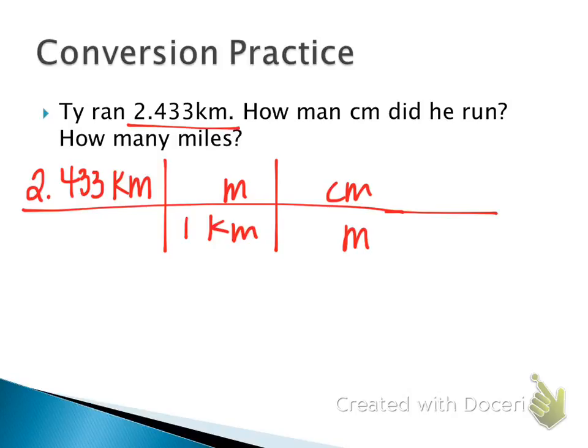So in 1 kilometer, there's how many meters? 1,000. And in 1 meter, there's how many centimeters?